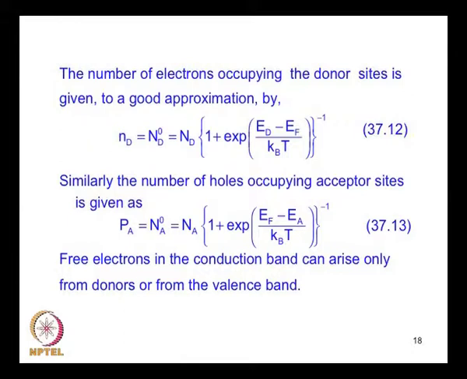Similarly, we can write P_A0, a similar expression. We are talking about the ionized impurities, which involve only the spacing between the donor level and the bottom of the conduction band and the acceptor level and the top of the valence band.